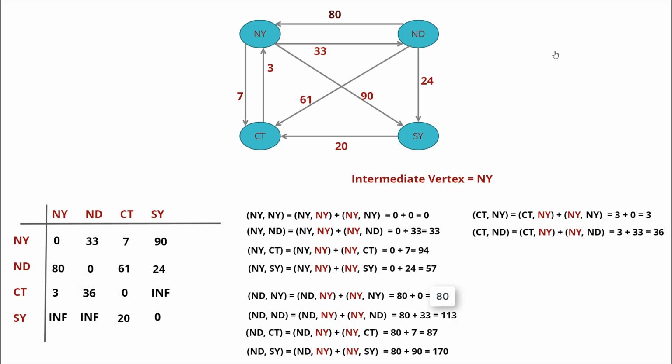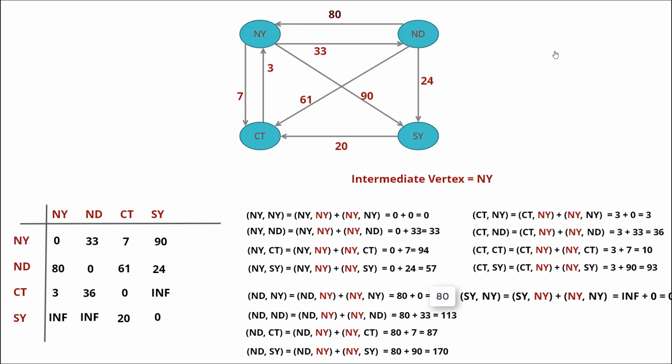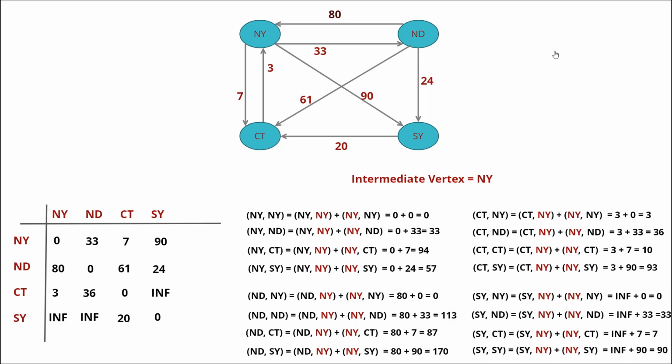So this is how it goes on. By following the same method, the program will calculate the resulting weightage by inserting an intermediate vertex. We have seen how programmatically we are going to find the shortest path between each and every pair of source and destination vertex with NY as intermediate vertex.